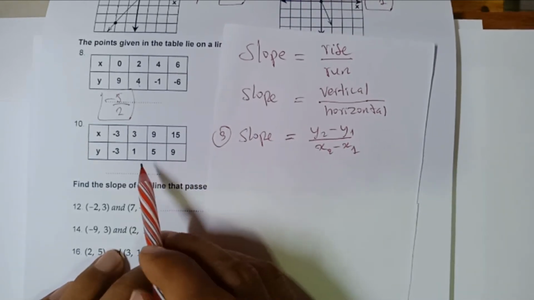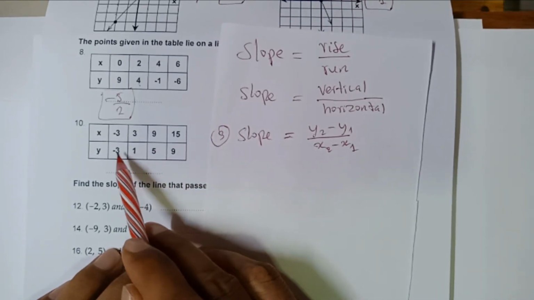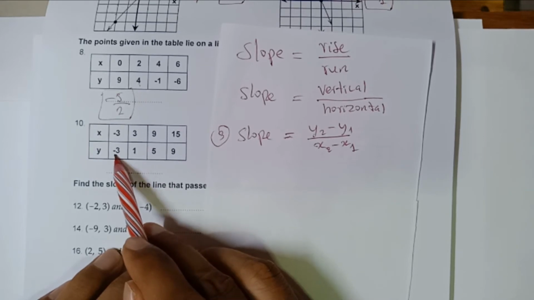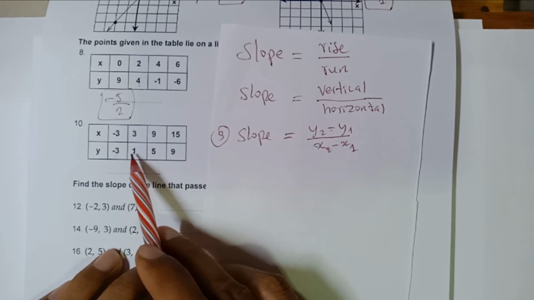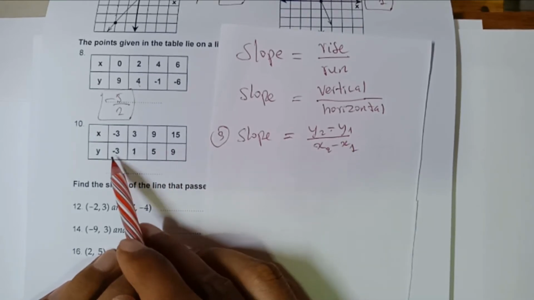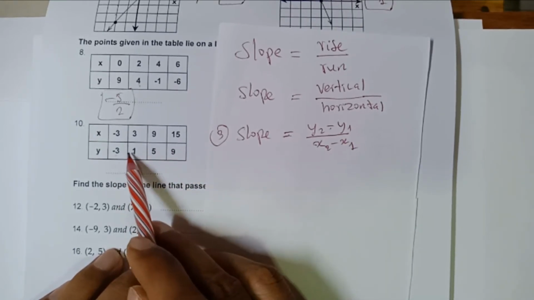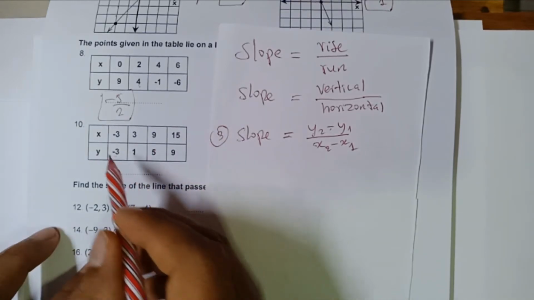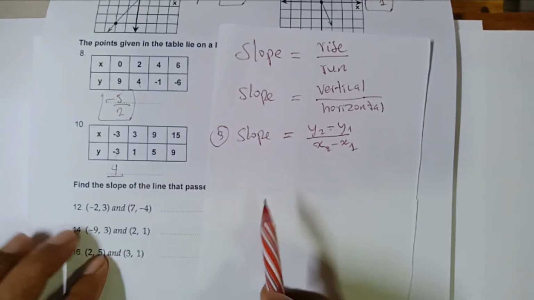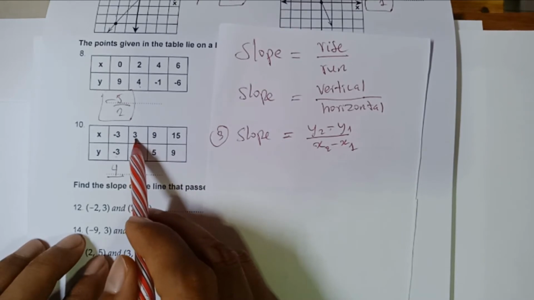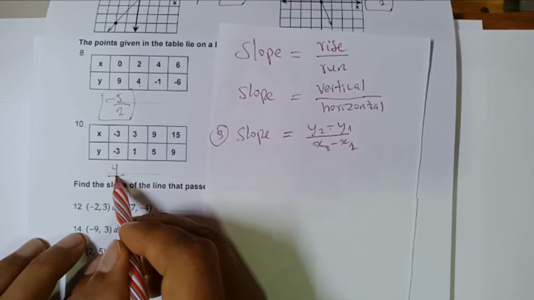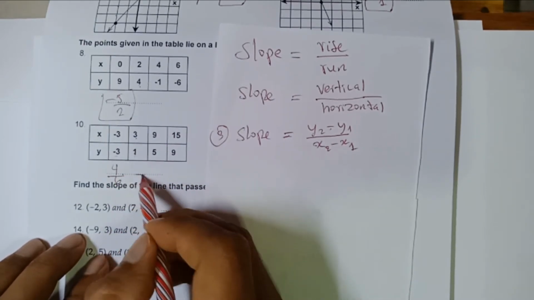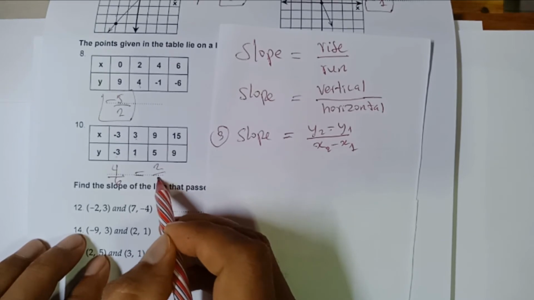You have 1 minus -3, so by the formula it's minus. y sub 2 is 1, y sub 1 is -3. So 1 minus -3 becomes 1 plus 3, which is 4. Over x2, which is 3, 3 minus -3 becomes 3 plus 3, which is 6. So you have 4/6, simplified to 2/3.